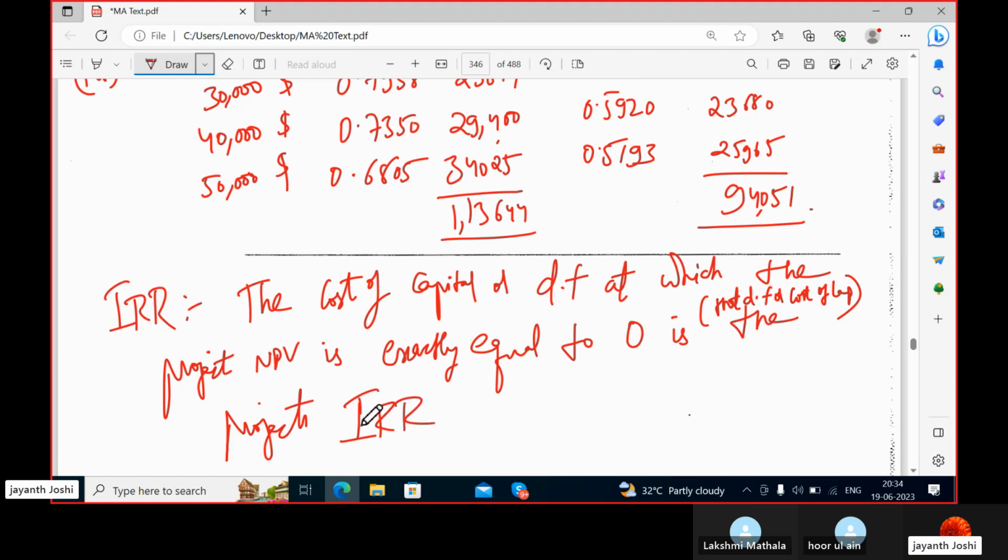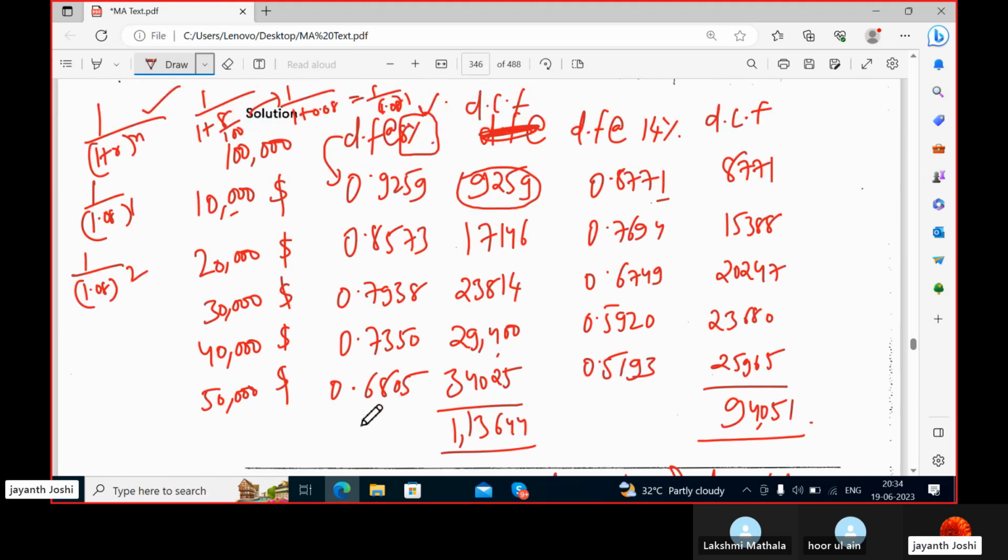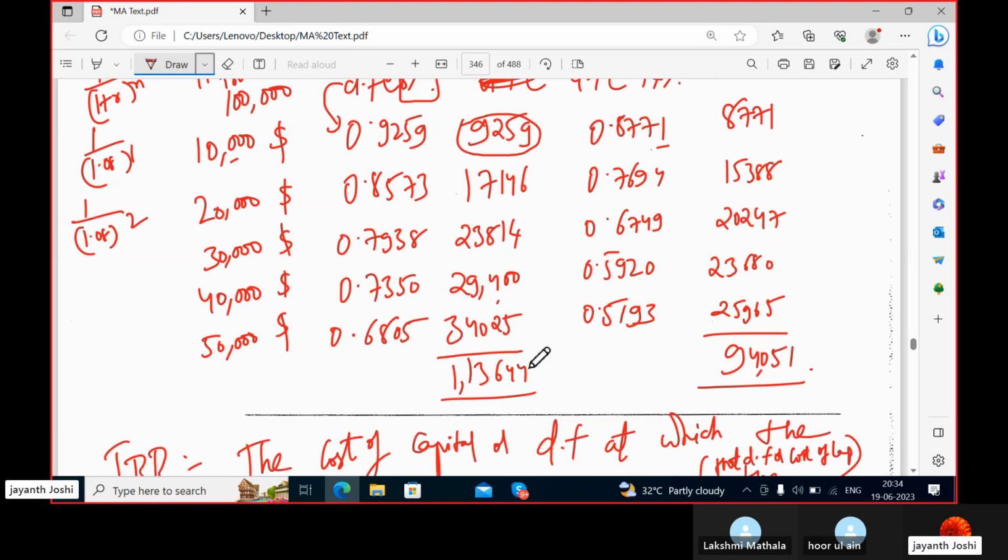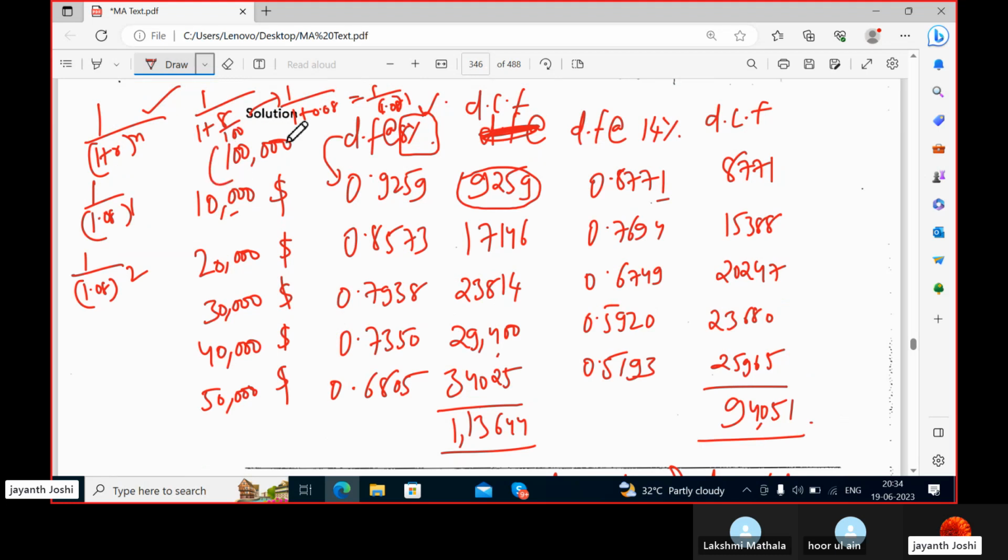Okay, so what we are understanding here is, here we are getting a positive NPV. Of course, why? Because we invested 100,000 and we are getting 1,13,644.